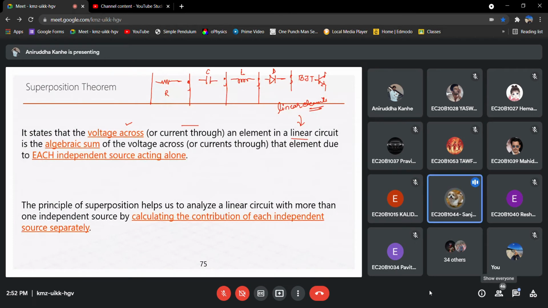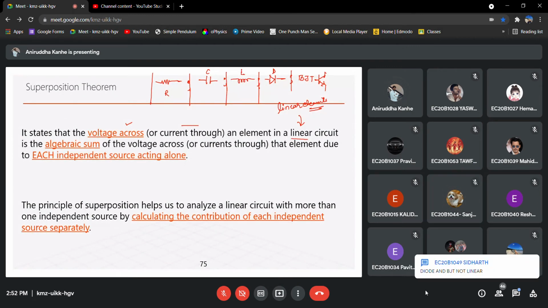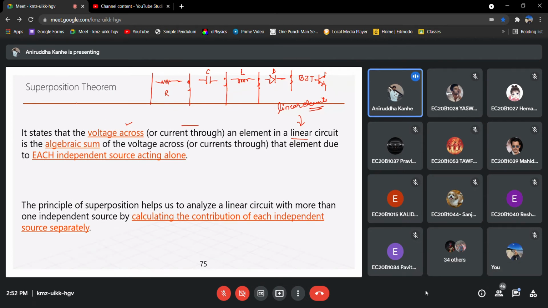Sir, it depends upon the connection, right? Like if they are in series or parallel, it changes. How should I identify the linearity? That is also one question in such kind of elements. You have to understand first what is the current voltage equation for this. So whenever you are looking for whether the element is a linear element or not, you must depend on its IV characteristics.